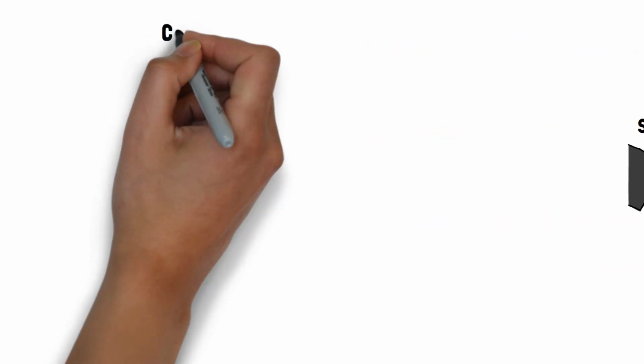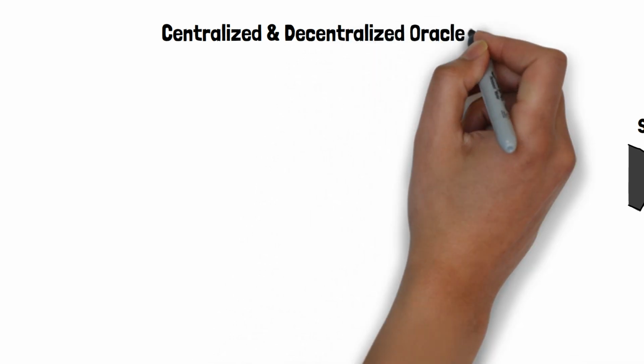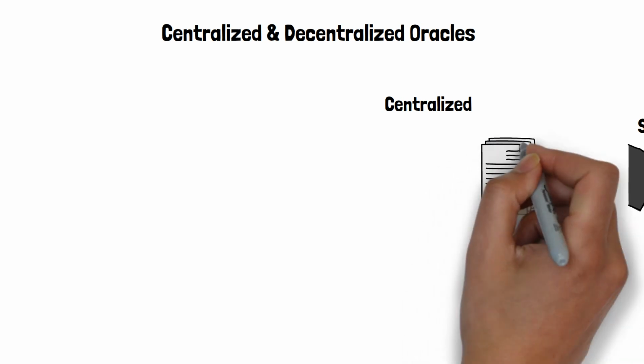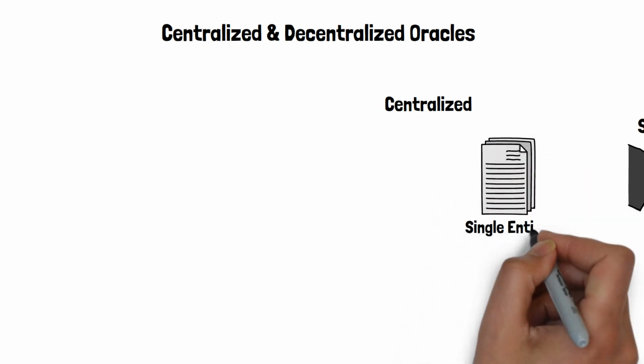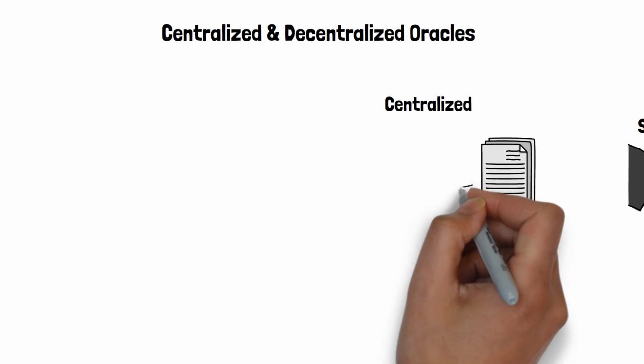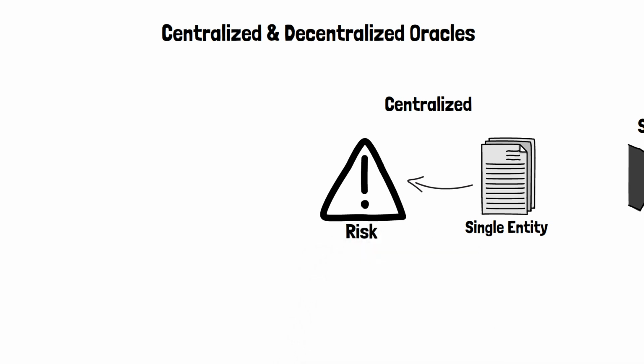And last but not least, let's have a look at centralized and decentralized oracles. A centralized oracle is controlled by a single entity and is the sole provider of information for the smart contract. Using only one source of information can be risky. The effectiveness of the contract depends entirely on the entity controlling the oracle.